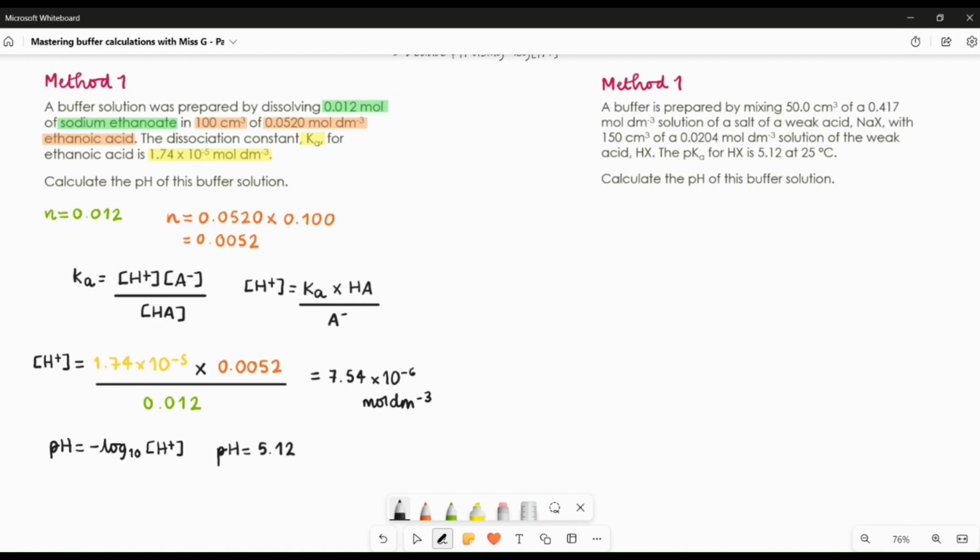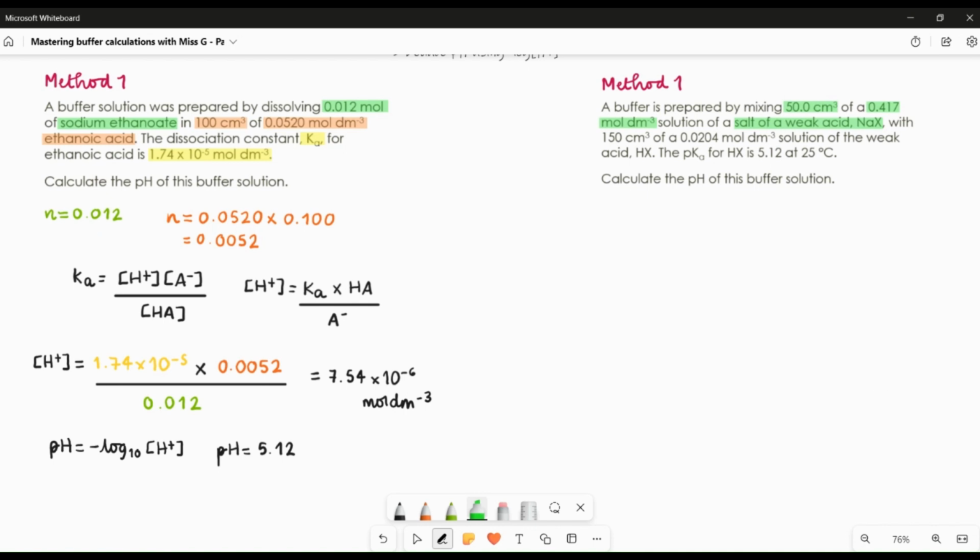So they haven't actually given us the full names of either the weak acid or the salt of the weak acid, but they've told us that the salt of the weak acid is NaX, and that we're going to be mixing 50 centimetres cubed of that, and the solution has a concentration of 0.417.